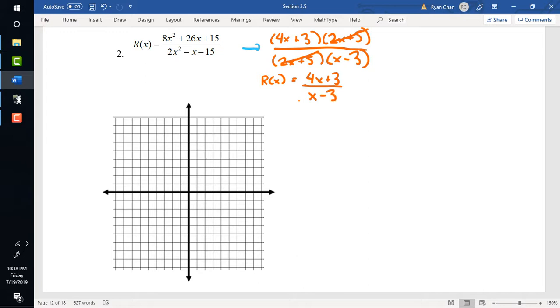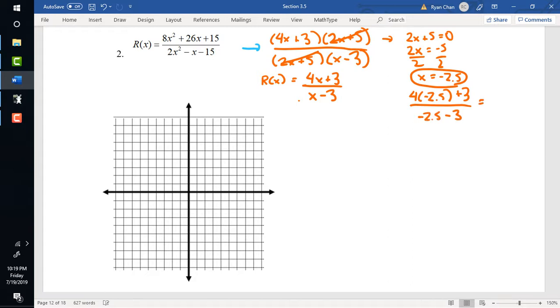Okay? So this canceled part, remember, we're going to set that equal to 0. So 2x equals -5, x equals -5 divided by 2, which is actually just -2.5. I'm going to keep it as a decimal so it's a little bit easier for me. So I'm going to plug this in. So I have 4 times -2.5 plus 3 divided by -2.5 minus 3.